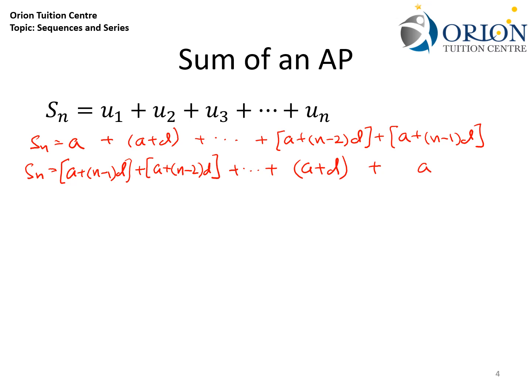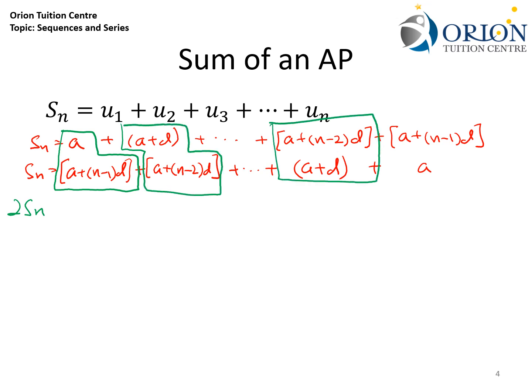Now, if we add these two sums up, the left hand side will become 2Sn, and on the right hand side, we can see that every group over here will give us the same exact sum of a plus (n minus 1)d.